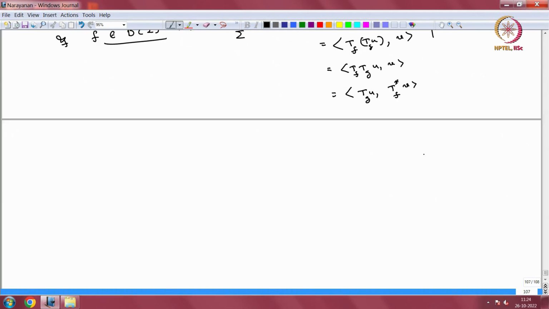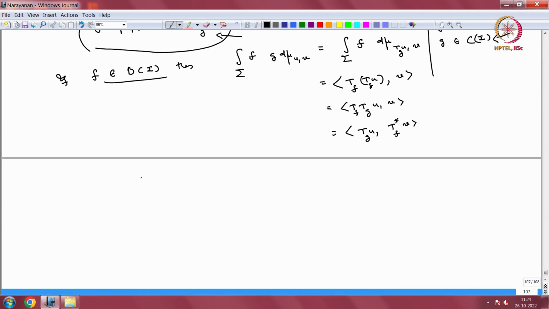So, more or less straightforward, which is equal to the integral over G d mu_{u, T_{f*} v}, right. So, think of this as a second vector, then T_g acting on u inner product with the second vector is the integral over G d mu with the first vector and the second vector, right.